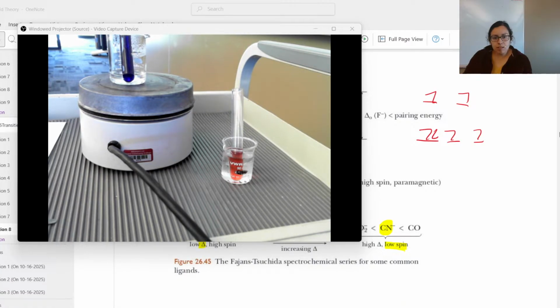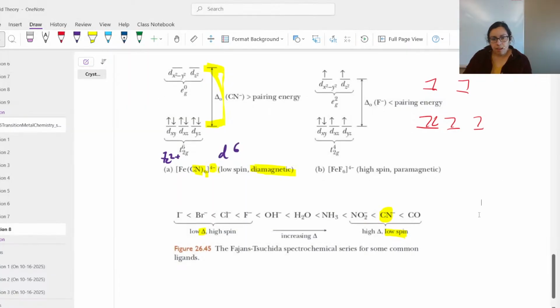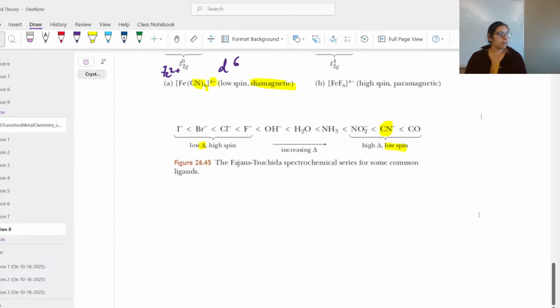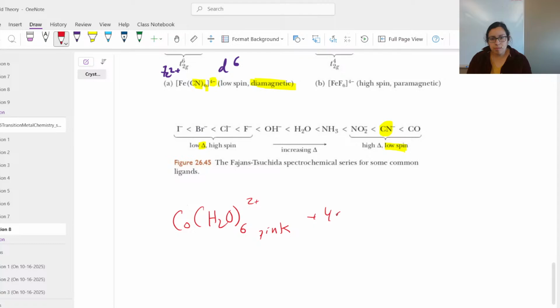That tends to give us, at least in some amount, this cobalt hexaaqua species. It should be pink, but it's also in equilibrium. Now I'm thinking this is not the greatest example, for reasons we'll see in a second, but we can still go through it.